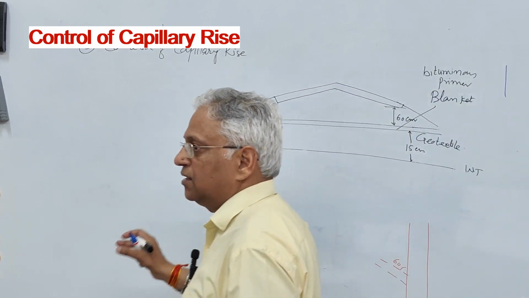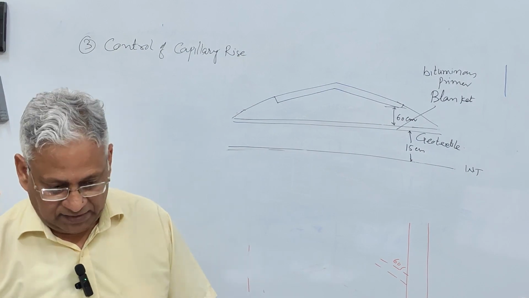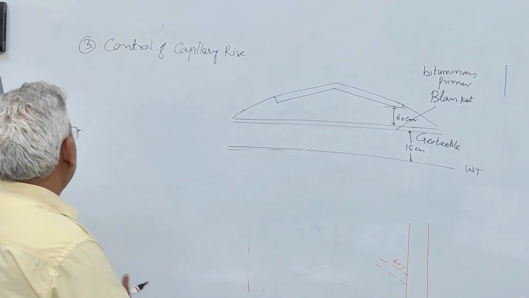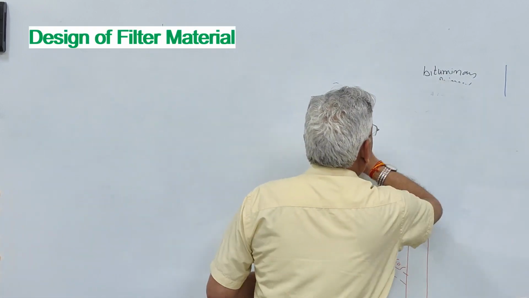Now in all these cases I told you about the filter material. So what is the filter material? Now design of filter material is equally important for the success of the drainage layer.